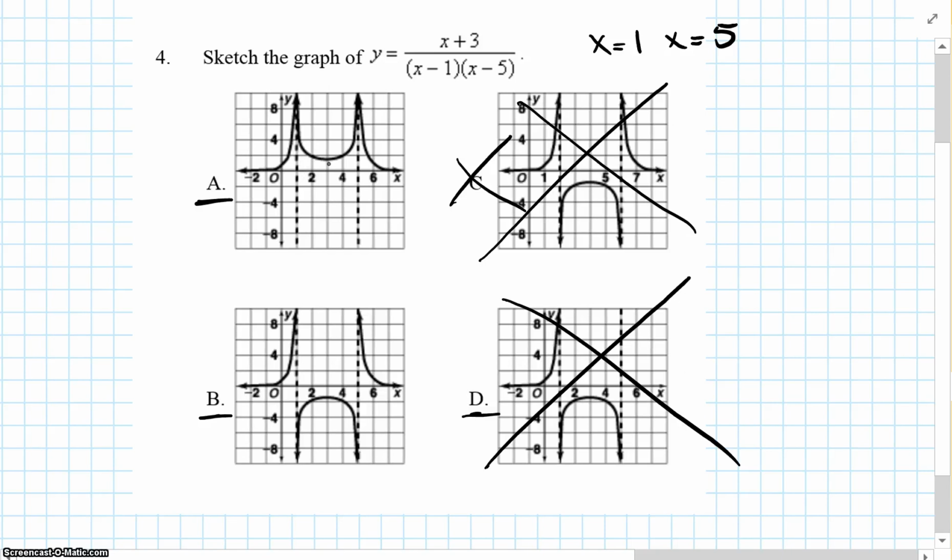So when x equals 3, let's plug points in. So that would be 6 over 2 times negative 2. So I know that's going to be a negative number. That's going to be negative 6 over 4.